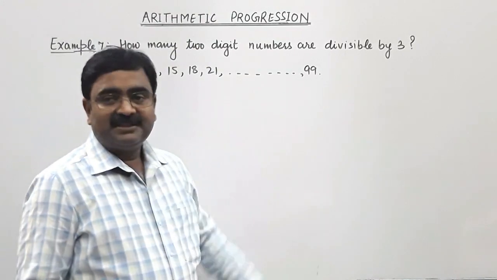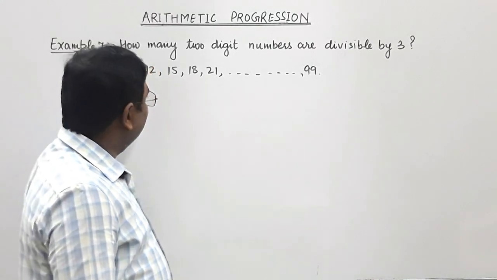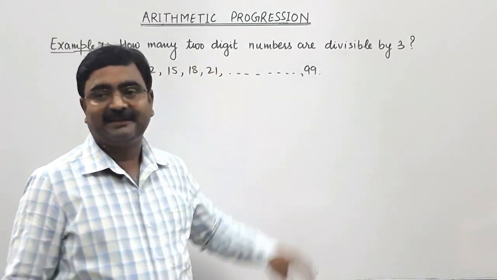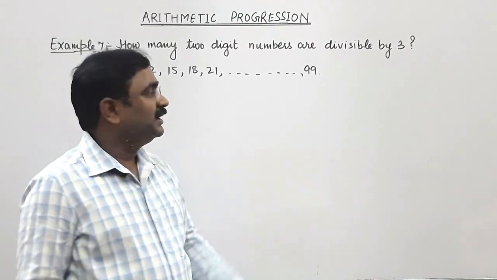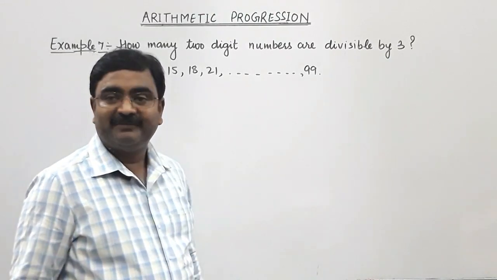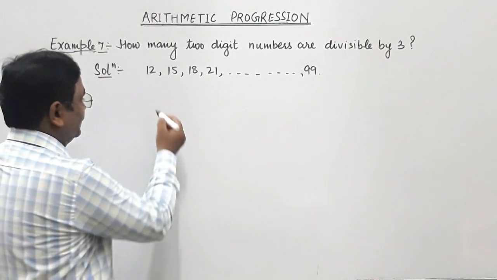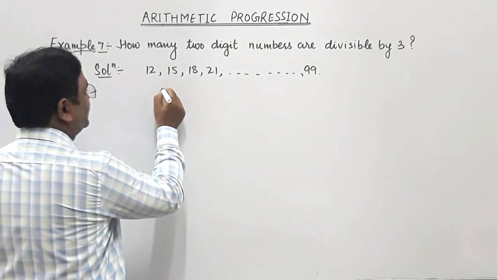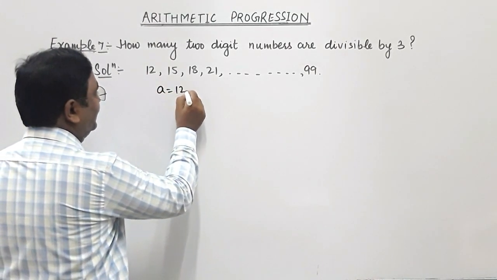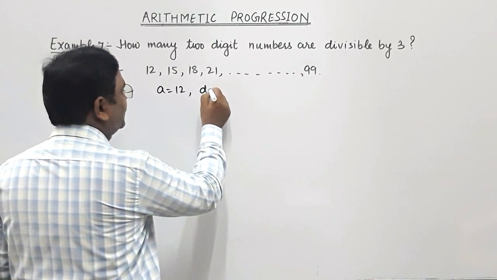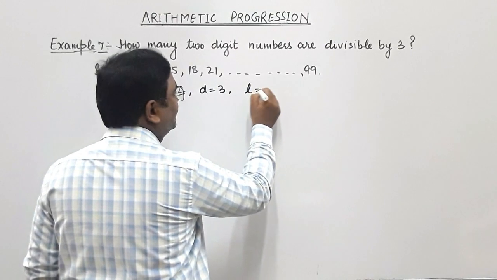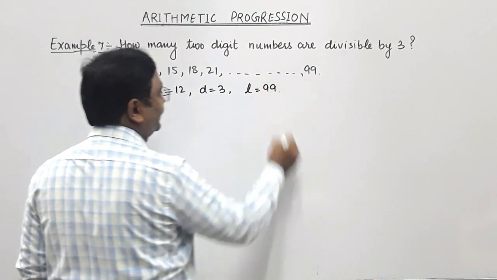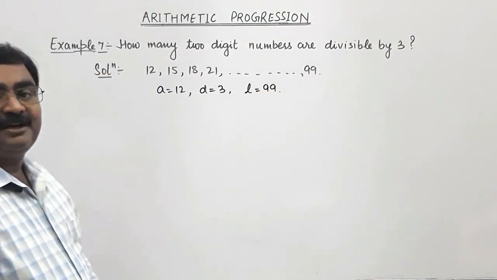With this series, हमें find करना है कि in this series how many numbers are there, how many terms are there. The value of n we have to find out. Here, the first term is 12, the common difference d is equal to 3, and the last term l is equal to 99. So let us decide how many terms are there.